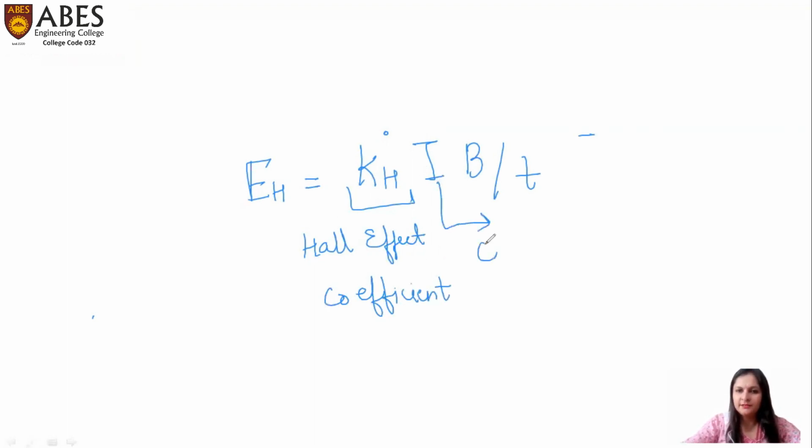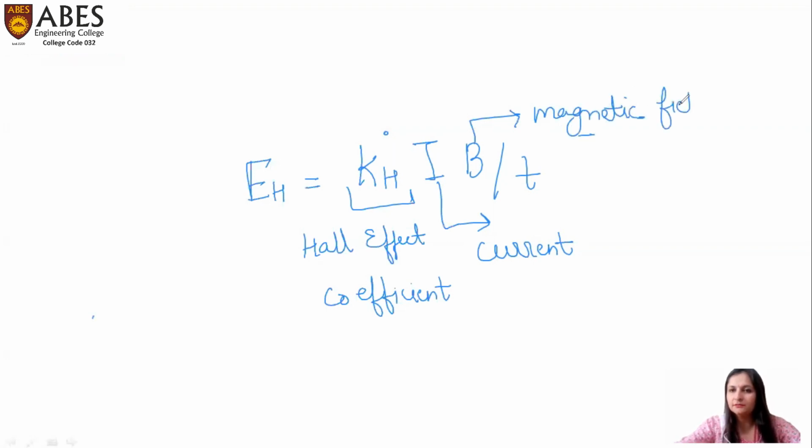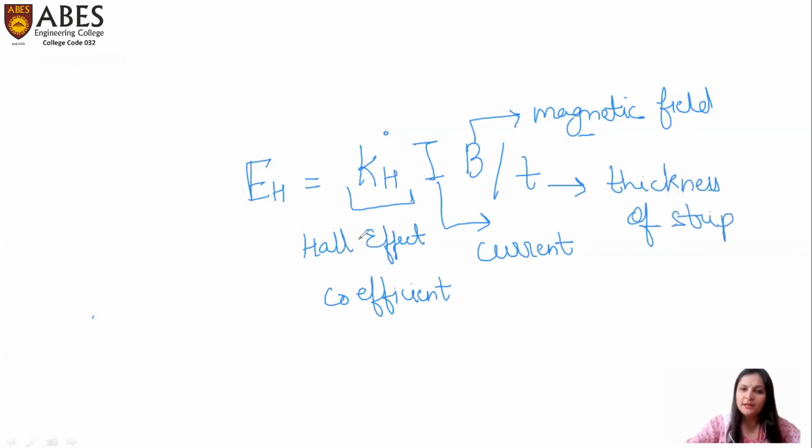I is the current flowing in the conducting strip. B is the magnetic field in which we have placed that conducting strip, and T represents the thickness of the strip. These are all the parameters that help us get the value of the potential generated over the conducting strip.